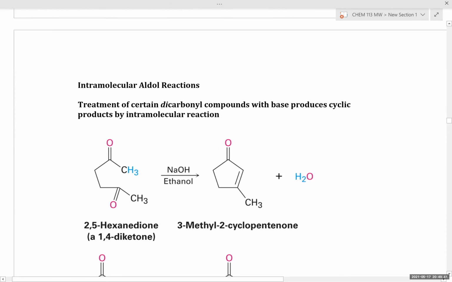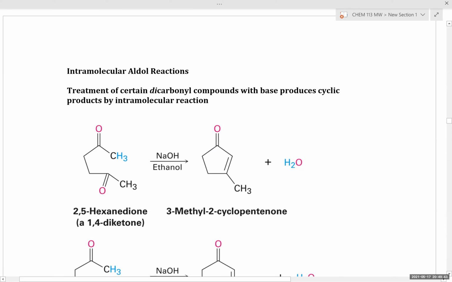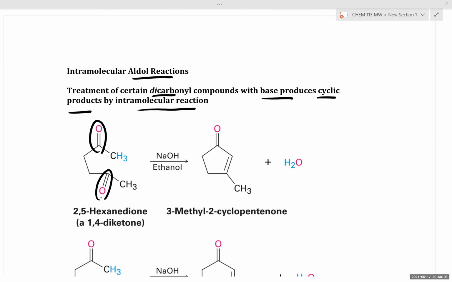And let's talk about an application of the aldol reaction, which are intramolecular aldol reactions. So treatment of dicarbonyl compounds with base produces cyclic products via an intramolecular reaction. Now you may say, where am I going to get these dicarbonyls? Where are some ways that we can generate a dicarbonyl?